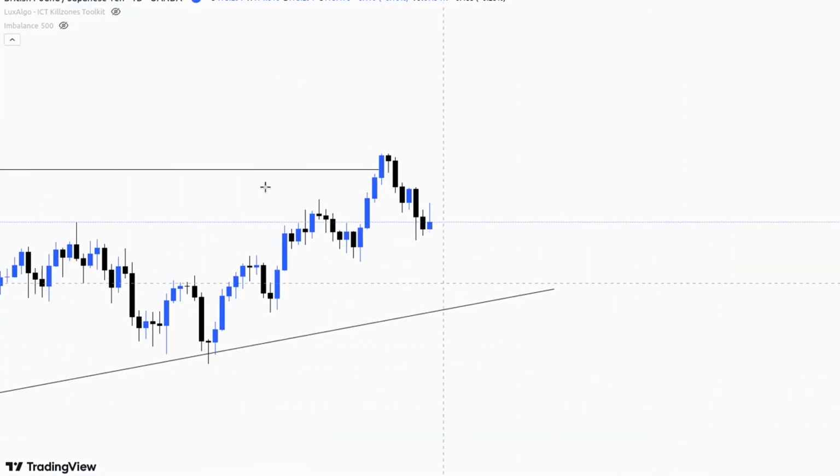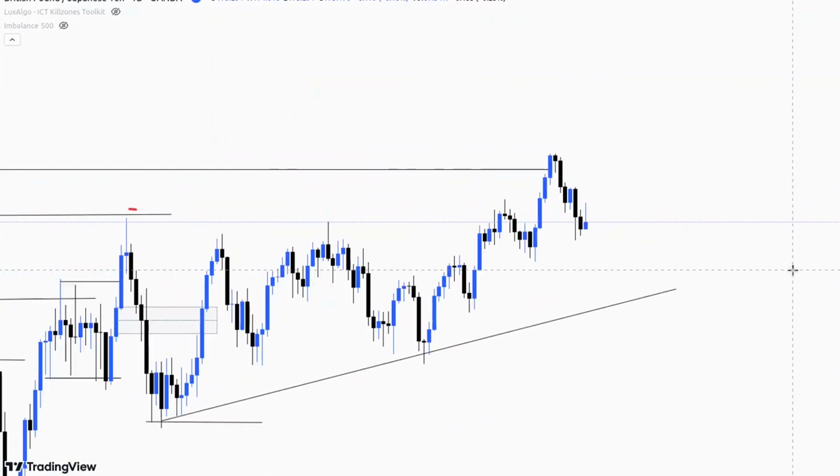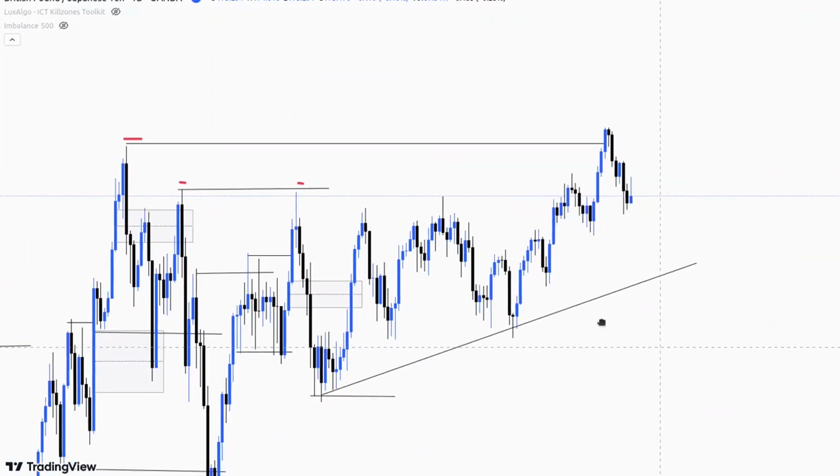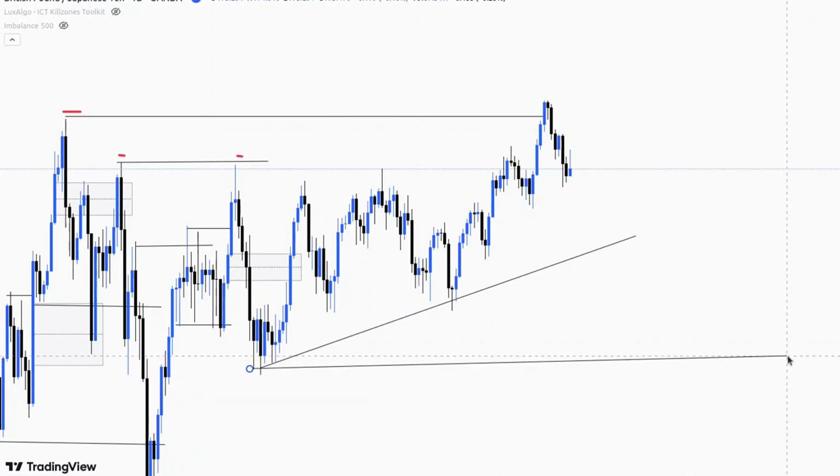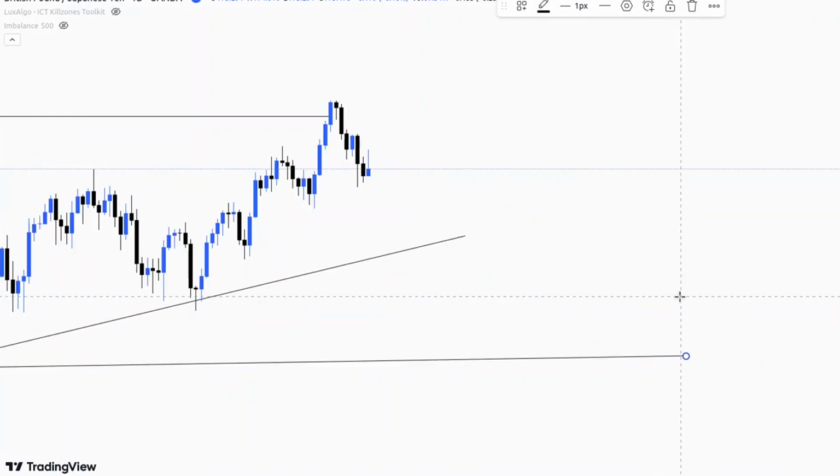Price has taken this liquidity and we have enough low resistance liquidity generated here. We have liquidity here, here, and here. So can this possibly be our entry level, possibly price pushing down to this area? So let's find out.